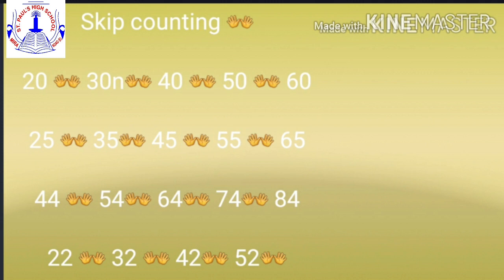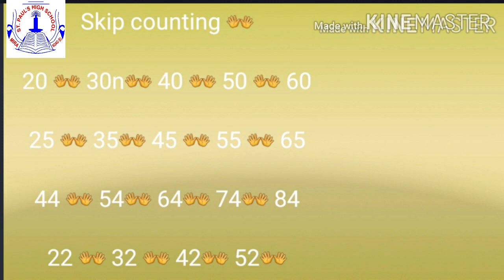Understood? Now next, after 35 in skip counting 10 which number will be your answer? Yes, 45. Why? 5 you will write as it is in ones place, and after 3 which number comes? 4. So 4 you will write in tens place. Understood? Then after 45 which number will come as your answer in skip counting 10, children? 55. Now here 5 as it is in ones place you will write, and after 4 which number will come? 5.